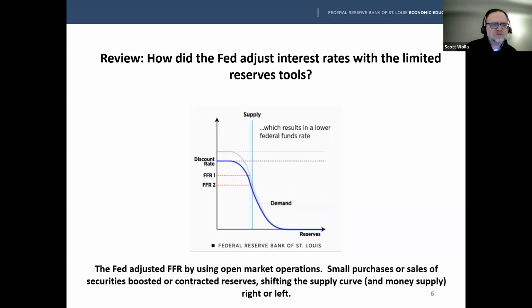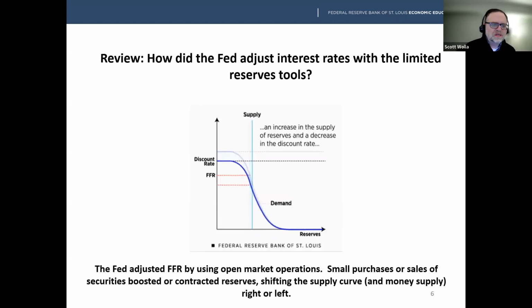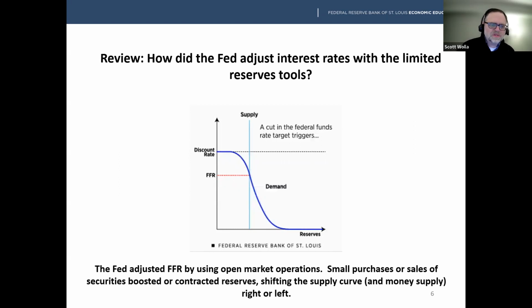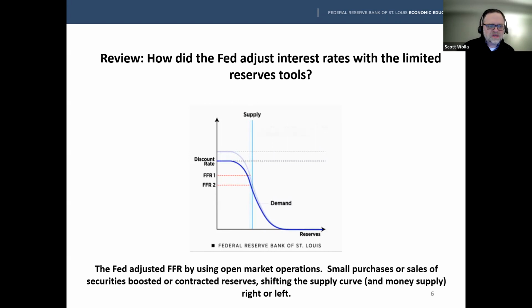That shifting of reserves in the banking system would shift that supply curve back and forth. Here you see in the animation the Fed lowering the federal funds rate by shifting the supply curve outward. That was the old method, and that served the Fed well for many years.